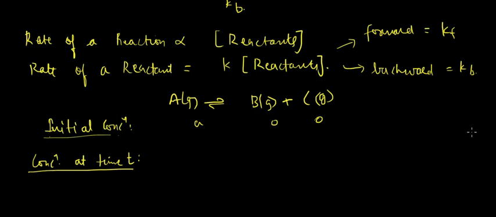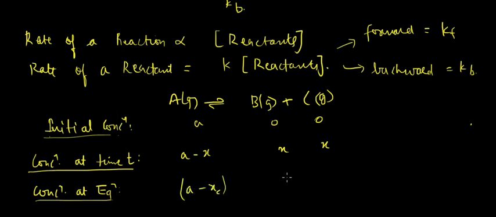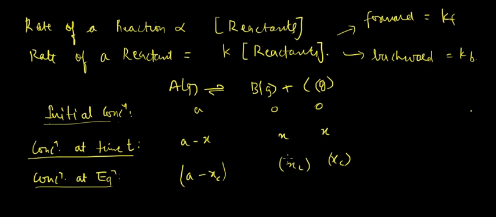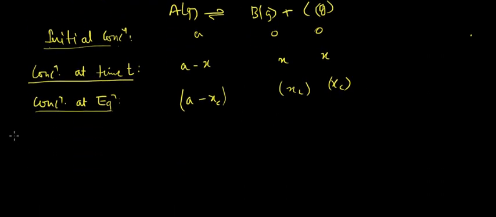We are just screenshotting the reaction at any point t and seeing the concentration. So let's say it was a minus x, x and x, and let's see the concentration at equilibrium. What would be the concentration at equilibrium? Let's say we denote it with xc, xc and xc. Now we come to some of the terms here: what would be the rate of disappearance of A.